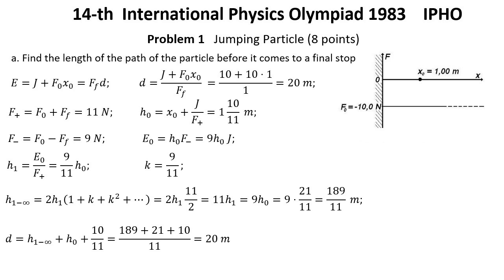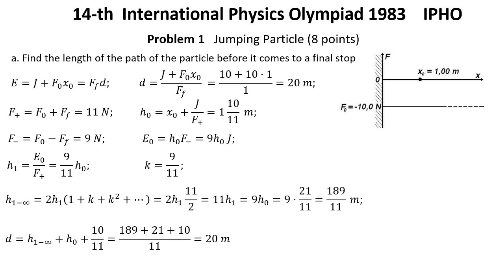That is, we get the following sum: 2 multiplied by h1 and multiplied by the bracket 1 plus k to the first power, plus k to the second, and so on ad infinitum, which as a result is equal to 11h1. Now remember that h1 is equal to 9/11 h0.